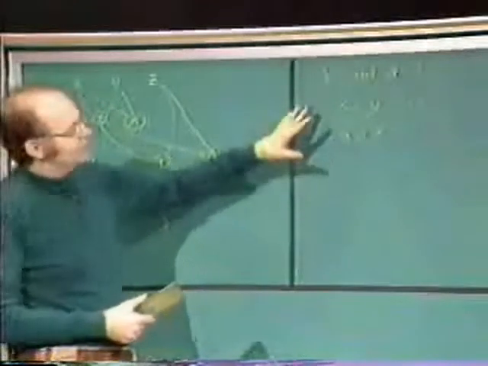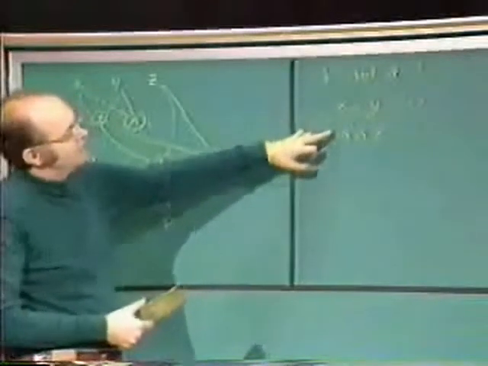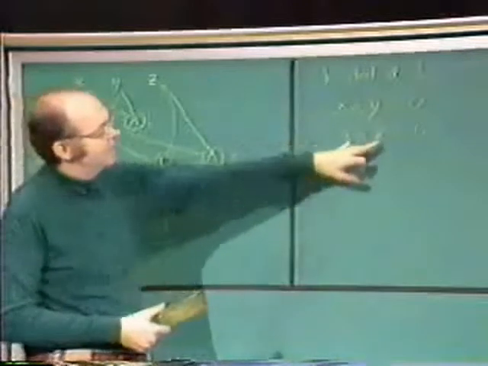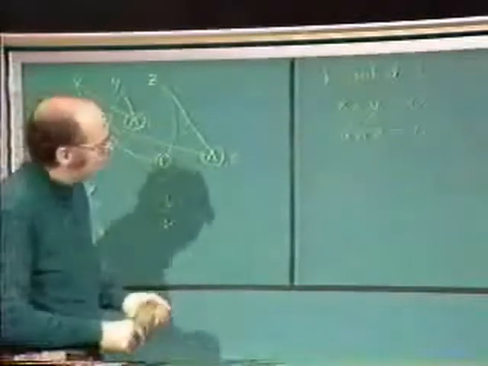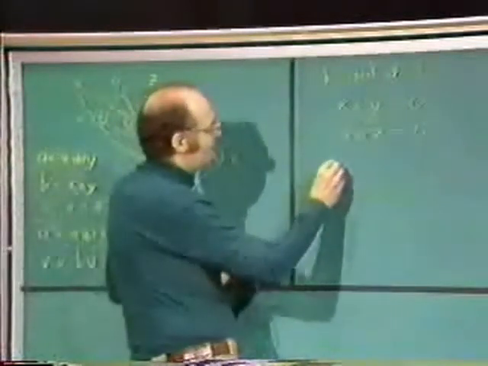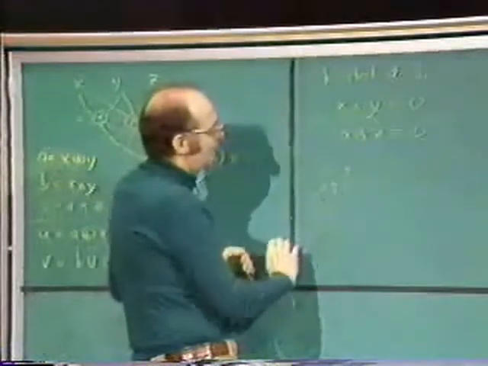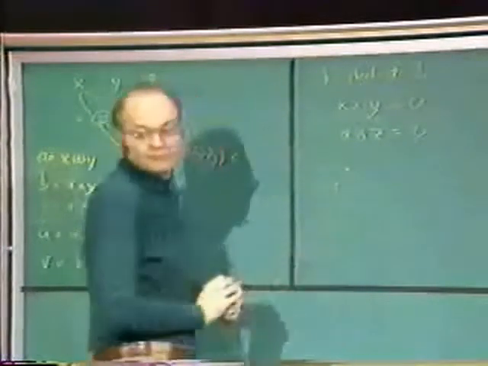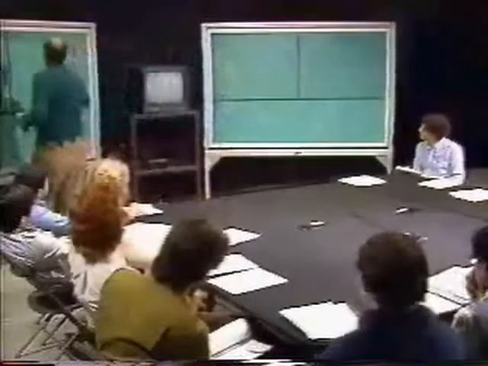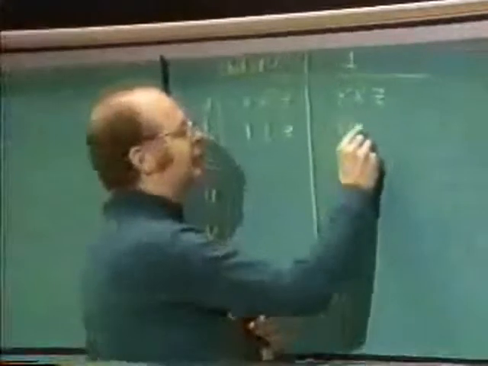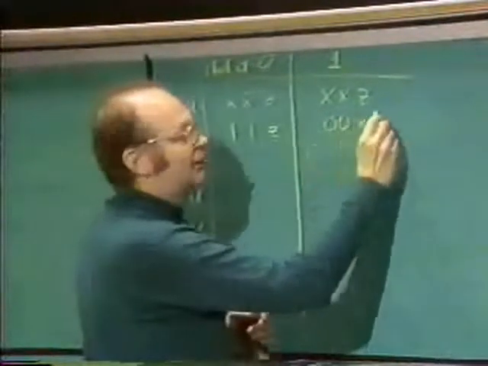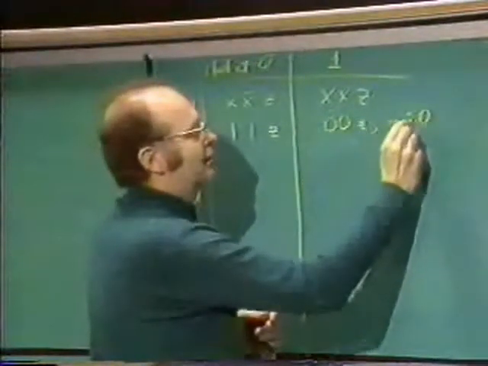But if X is 0 and Y is not 0, then Z has to be 0. So we had 0, 0, and anything. Then we had X bar and 0. Those were the two cases. So here we had 0, 0, Z, or X bar, 0.